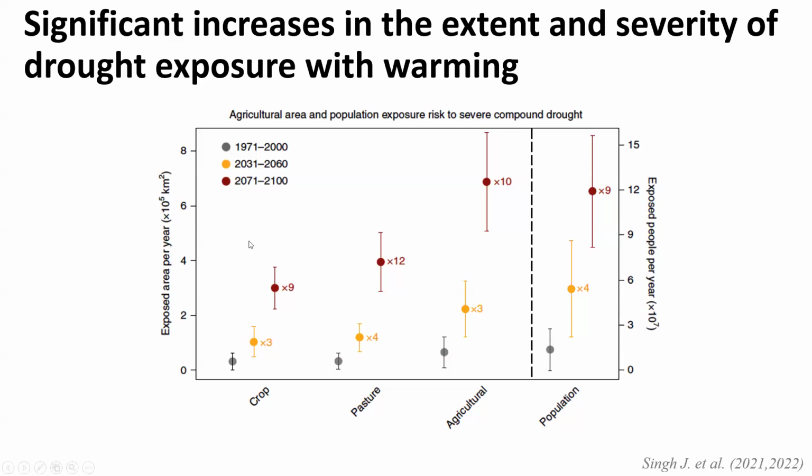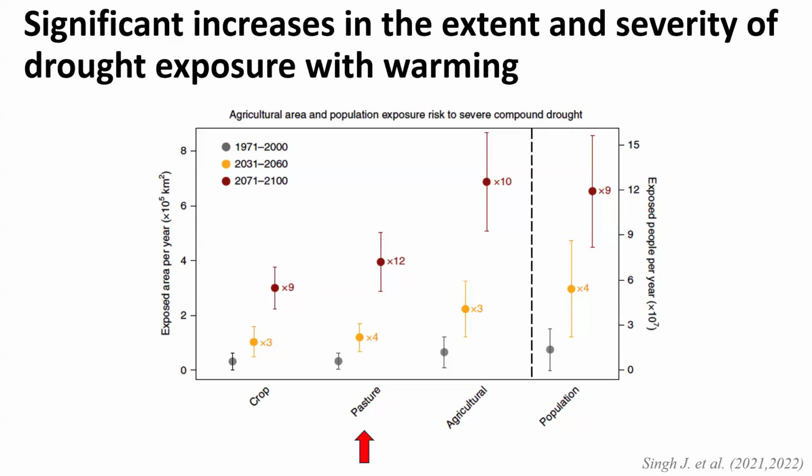If we look at the near term, that's the next 30 years, we see about a 3 to 4 times increase in the amount of region, the croplands or pastures that are exposed to droughts simultaneously.